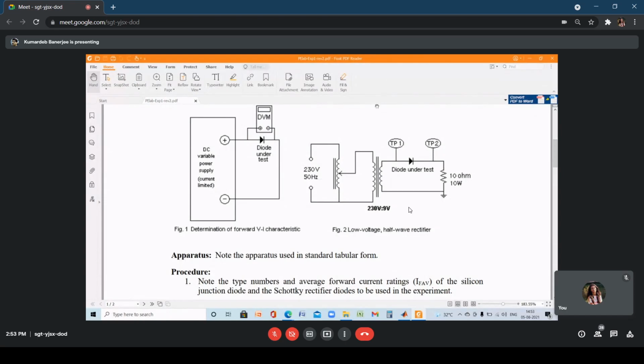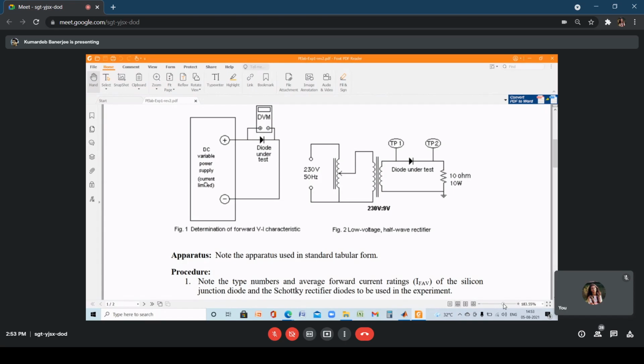In this particular case, the procedure says, I'll go through it slowly. The procedure says you set the power supply to 1.8 volts. Now if I connect a diode directly to 1.8 volts, then what will happen? If it's a silicon diode, it will eat up 0.7 volt to overcome the cut-in voltage, right? Then 1.8 minus 0.7 is 1.1, divided by the diode resistance will be the diode current.